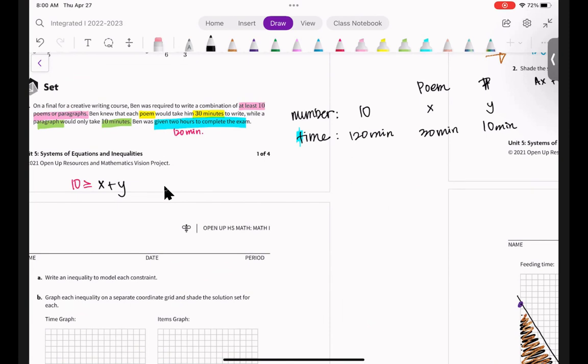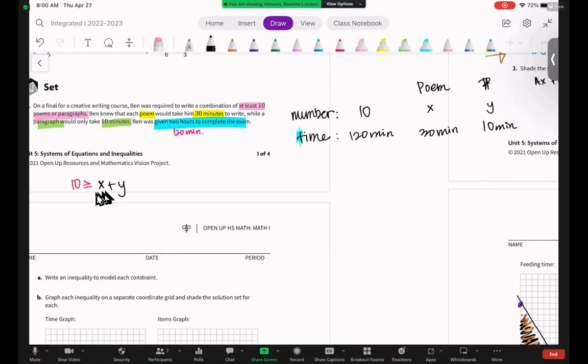Do we want it to be less than or equal to 10? And you guys are saying, okay, do you want 10 to be the most? Yeah, so we got to switch this guy around. So let's cross him out.